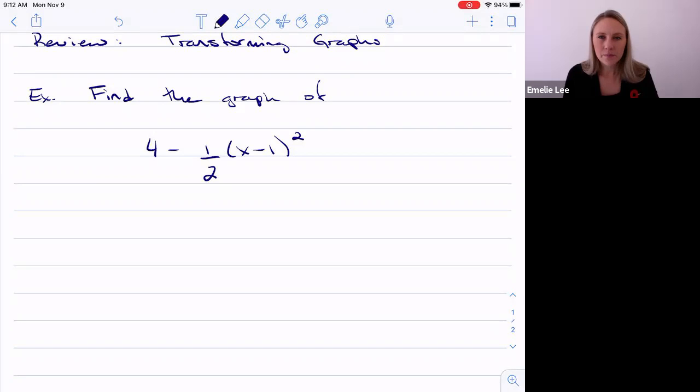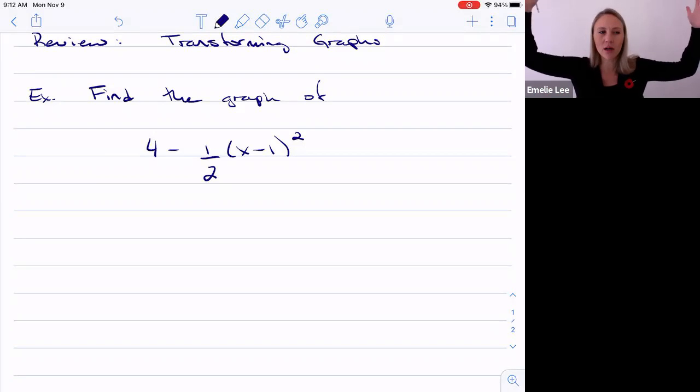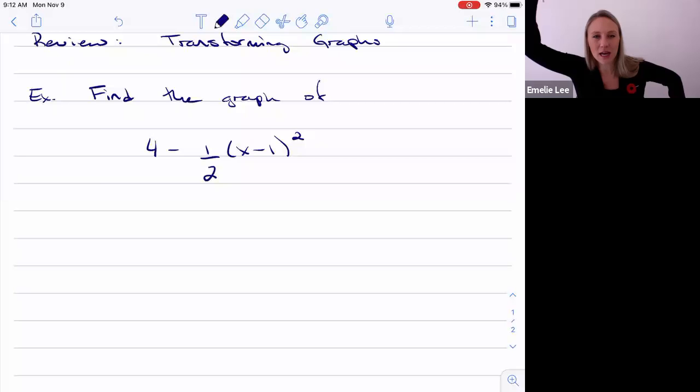All right. So the first thing that we need to do is identify the core function. And the core function, I think it was in our 2.2 notes, that big table of graphs, things like x to the power of 2, x to the power of 3, x to the power of 4, what do they all look like? Any x to an even power is some sort of parabola. X to an odd power is this kind of dancing guy.